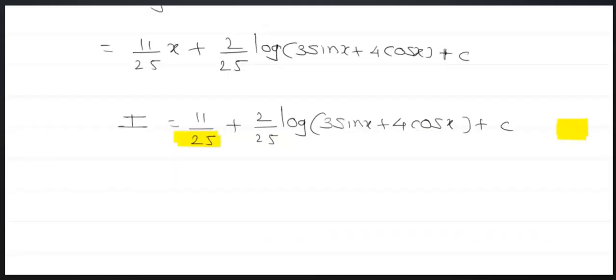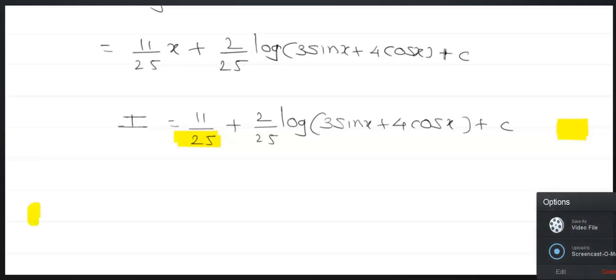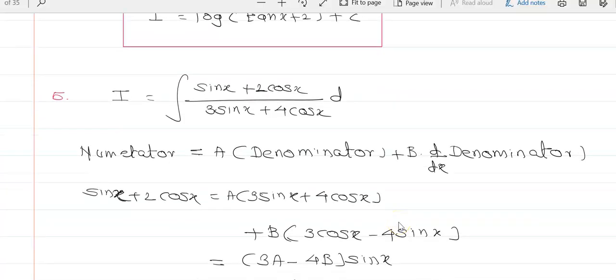Next, once again see this question. Question number 5, I is equal to the integral of (3 sin x plus 2 cos x) upon (3 sin x plus 4 cos x). This is the numerator. We express the numerator in this form: a into denominator plus b into derivative of the denominator.